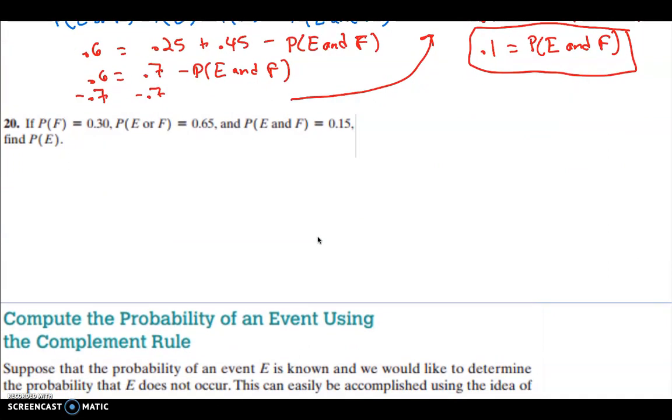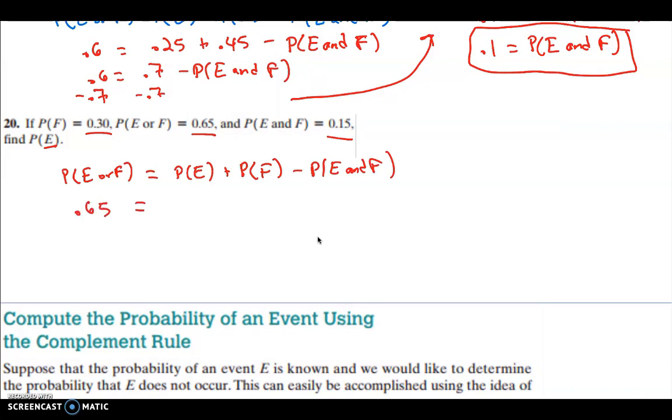Okay, another one, we have the probability of F is 0.3, E or F is 0.65, and the probability of E and F is 0.15. I want to find the probability of E. So again, the probability of E or F equals the probability of E plus the probability of F minus the probability of E and F. So E or F is 0.65. Probability of E, we don't know.